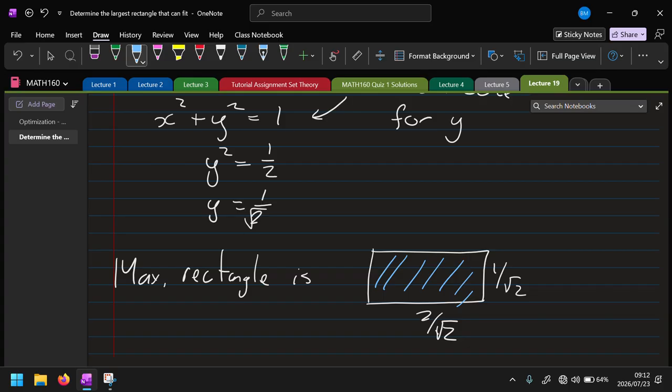Okay. Any questions for this one? Okay. Pretty straightforward. Okay. Now we got a couple more geometric ones like this, a little bit more difficult. We're going to try to work through it together instead of me just giving the answer.